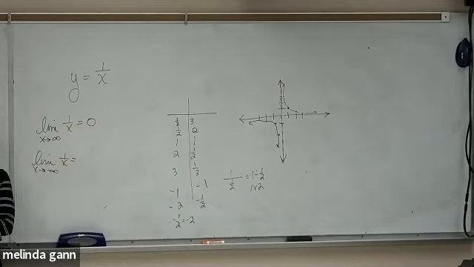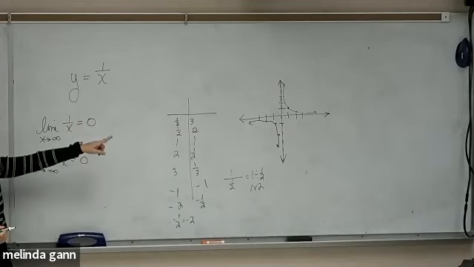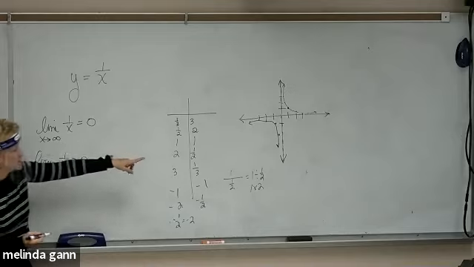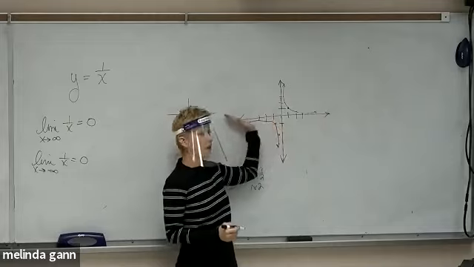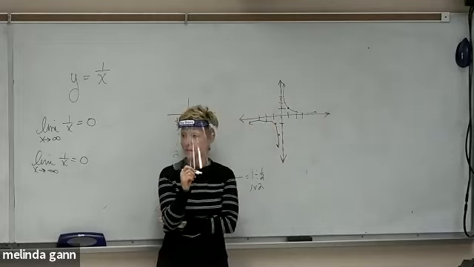Wouldn't it be getting close to 0 but from the other side? If x is -10, you'd have -0.1. If x was -100, you'd have -0.01. And notice, isn't y equals 0 the horizontal axis? I'm getting closer to 0 from this side, and I'm getting closer to 0 from that side. Let me ask you this.